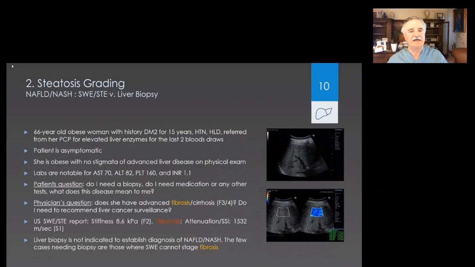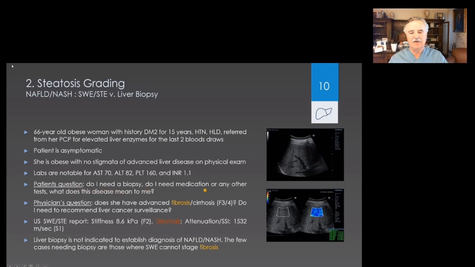Let's take a case, a patient with NAFLD NASH. Those are the clinical information about this patient. Those are the lab information about this patient. What are the patient's questions in clinic? Do I need a biopsy?